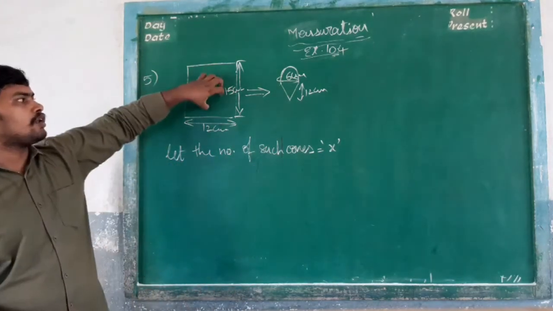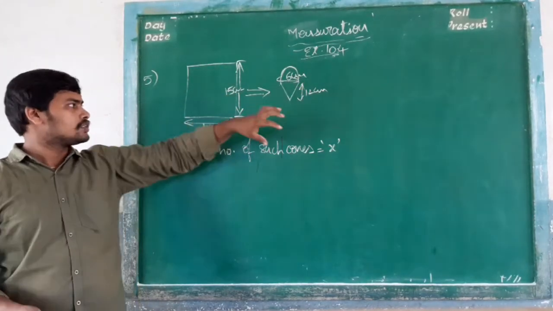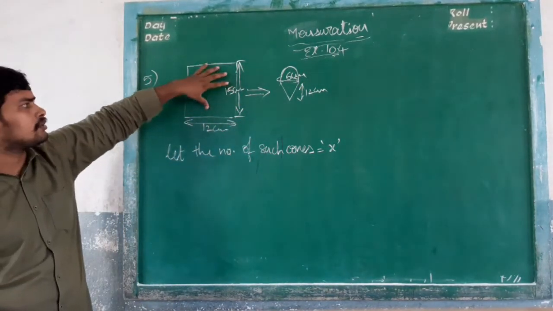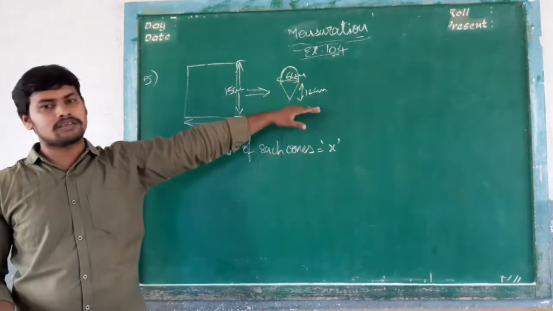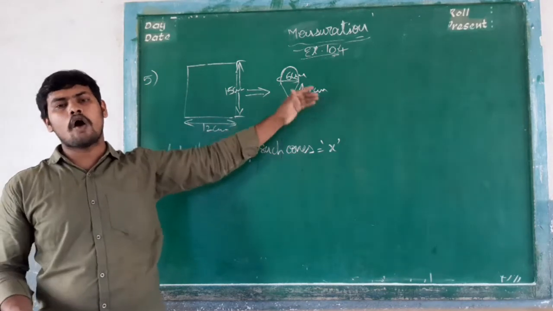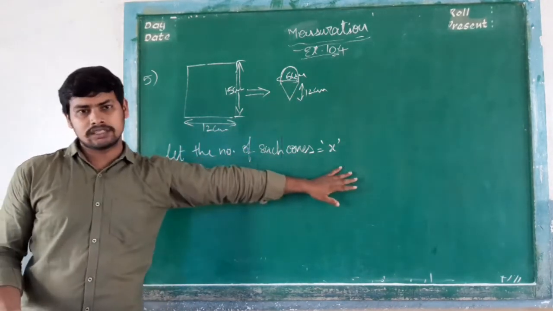So the volume of this one is equal to the volume of that one. Is the entire ice cream distributed into one ice cream? No, it takes so many, but we don't know how many cones there are, so let it be x.